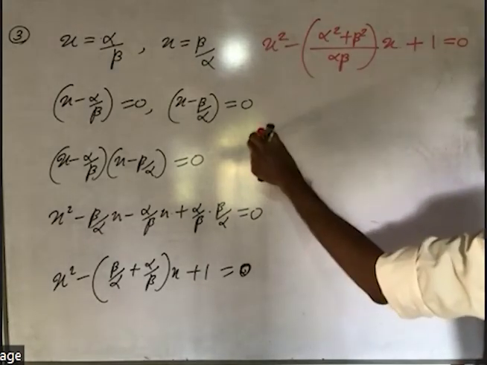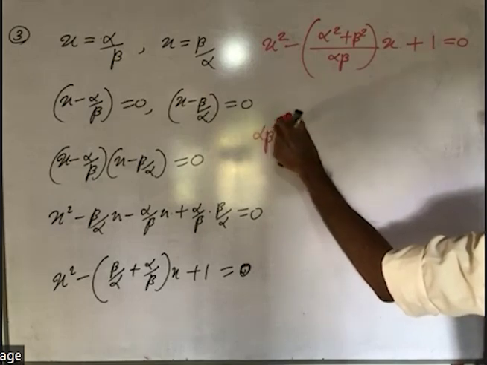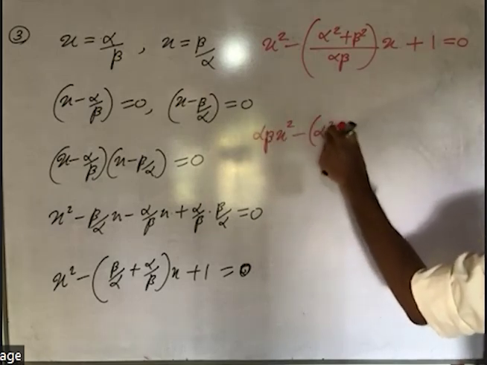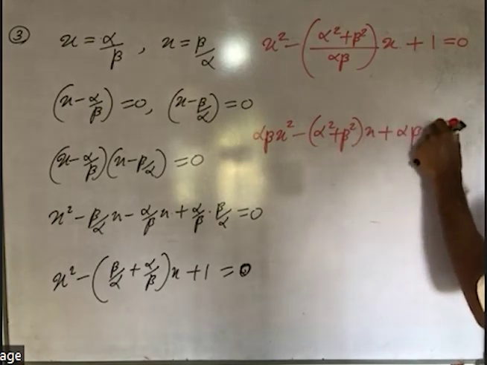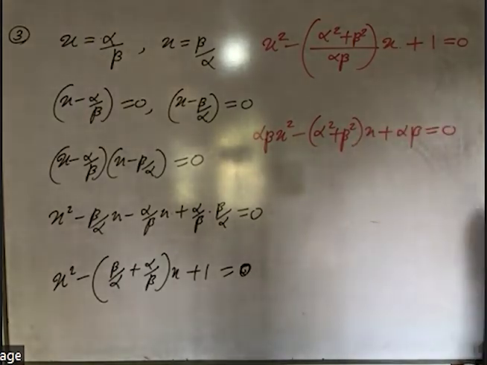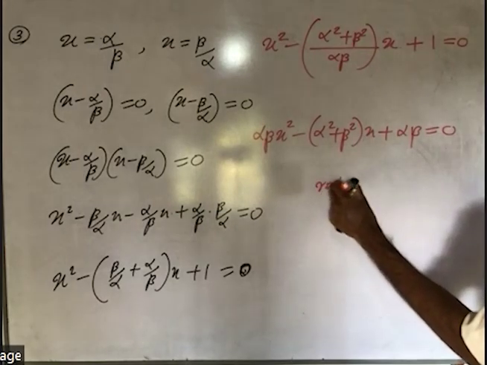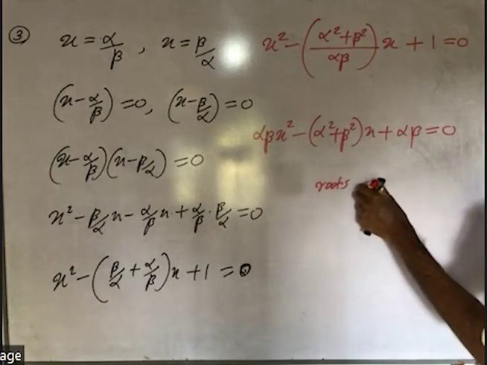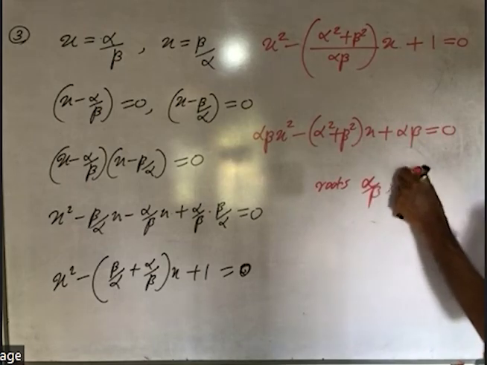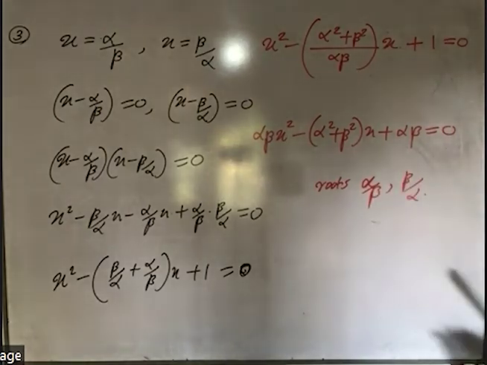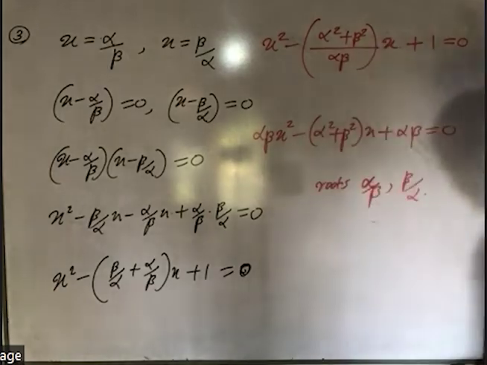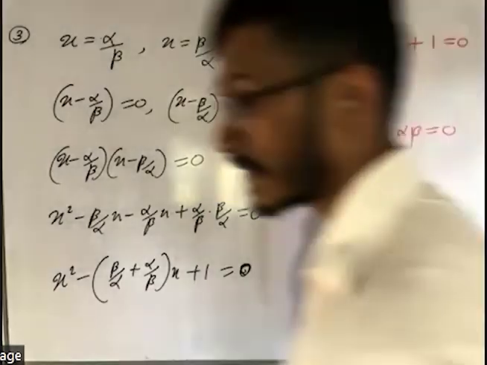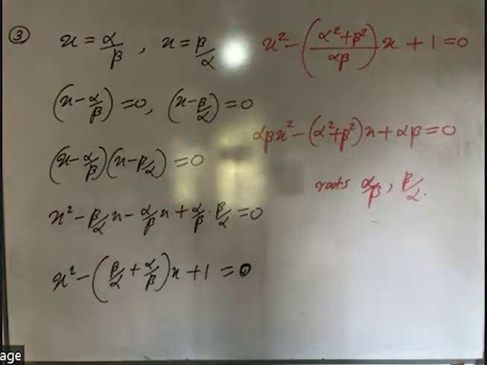Then this equation will become alpha beta x square minus alpha square plus beta square x plus alpha beta equal to 0. Here the roots are alpha over beta, comma beta over alpha. So in this way we can develop a quadratic equation when the roots are given. I think you have understood that part.